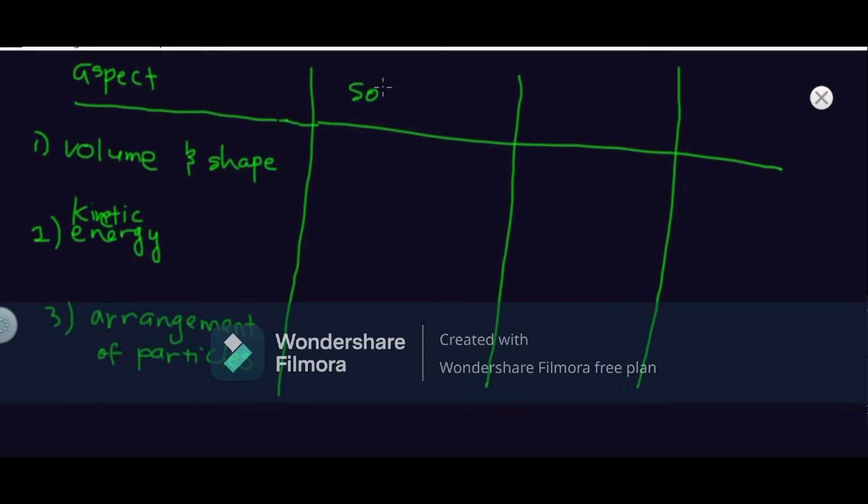So solid, liquid, and gas. Please bear with my handwriting and my unstraight lines. So we know that the arrangement of particles is very close and very packed in solid.